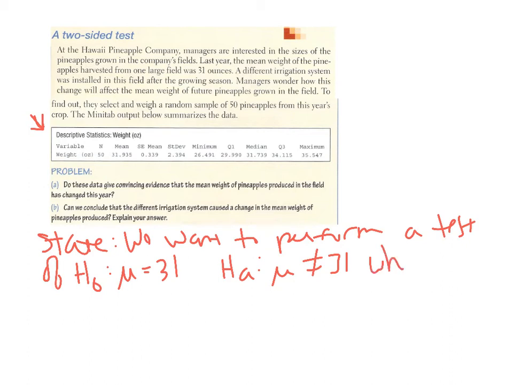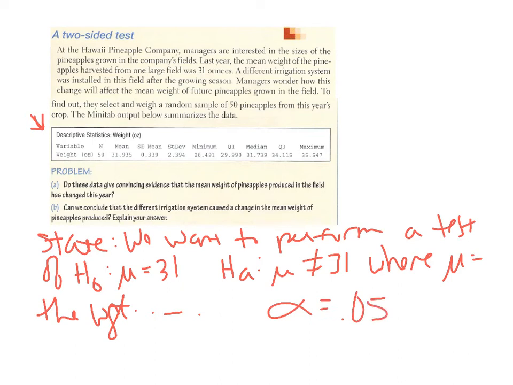Here mu is the mean weight in ounces of all pineapples grown in the field this year. We also indicate that we're using an alpha of 0.05 because none was given, and that's the most common, so we'll go with that.